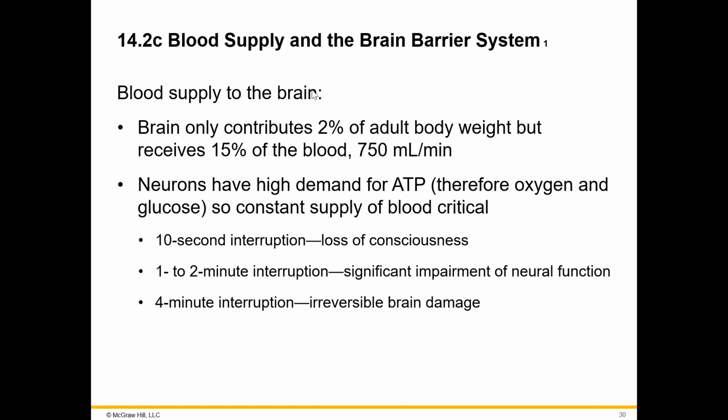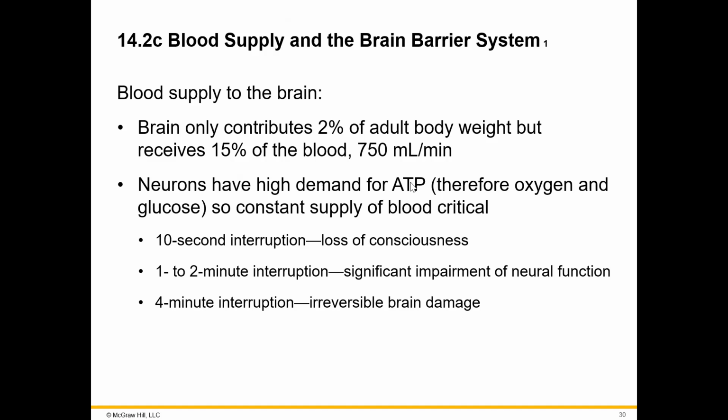So blood supply to the brain. The brain only contributes 2% of adult body weight, but receives 15% of the blood. Neurons have high demand for ATP, therefore oxygen and glucose.